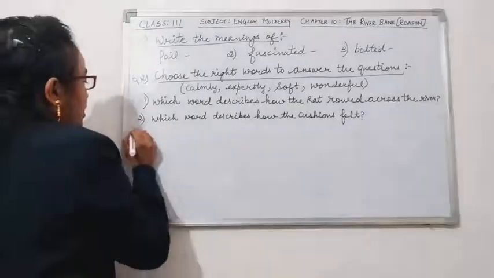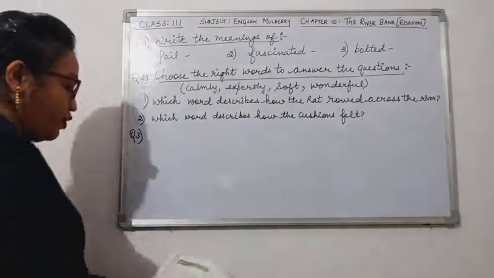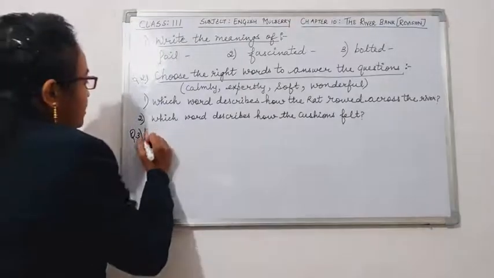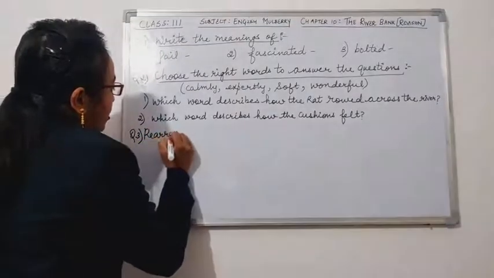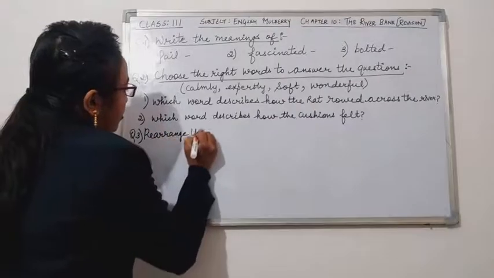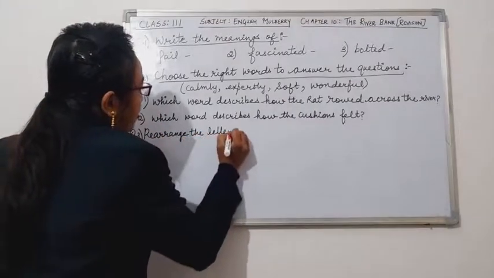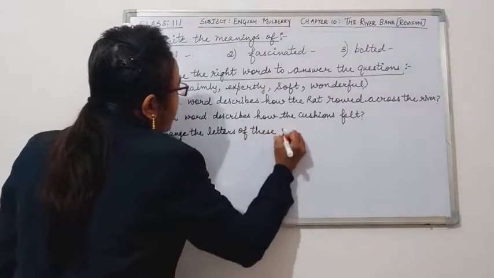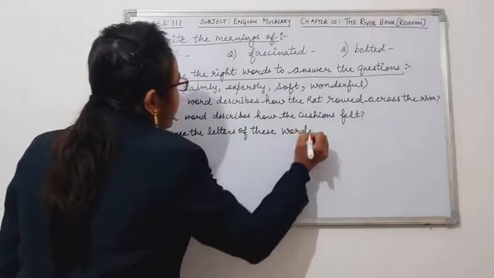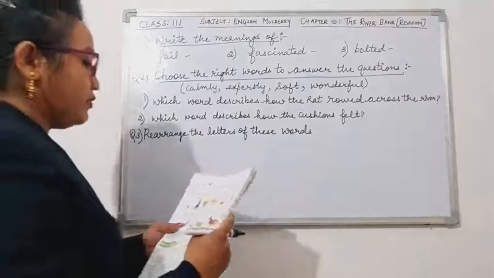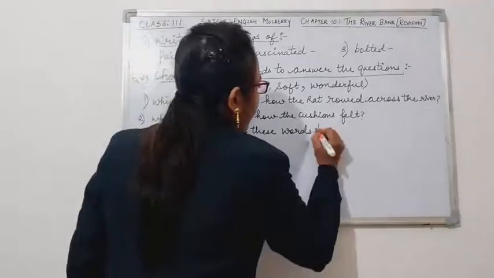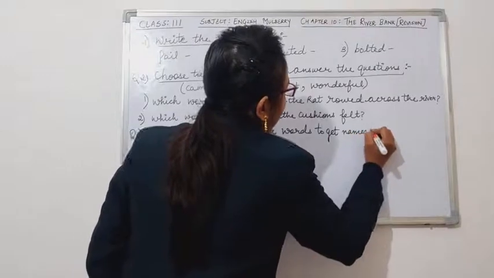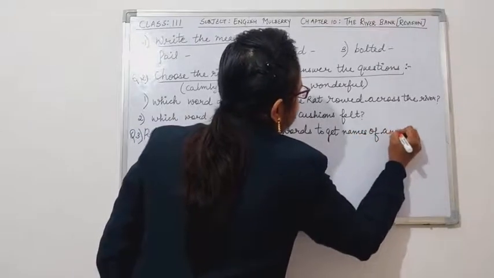Now next question is question number 3. What you have to do in question number 3? Rearrange the letters of these words to get names of animals.